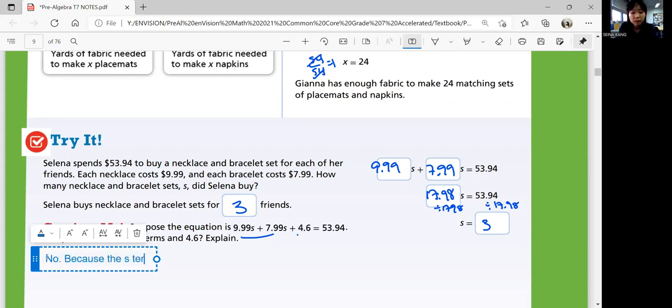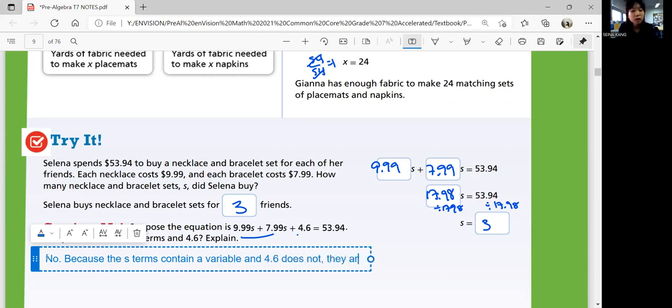Because the S terms contain a variable and 4.6 does not. They are not like terms.